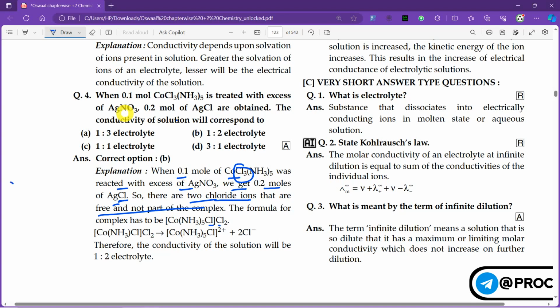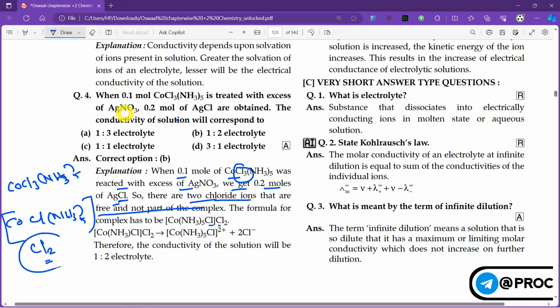That is, CoCl3·5NH3. So here, what will be the exact formula of the compound? That is, [CoCl(NH3)5], with five NH3, and outside two chloride ions must be there.